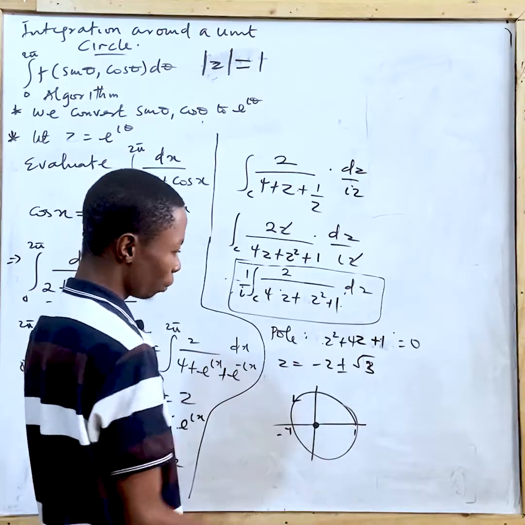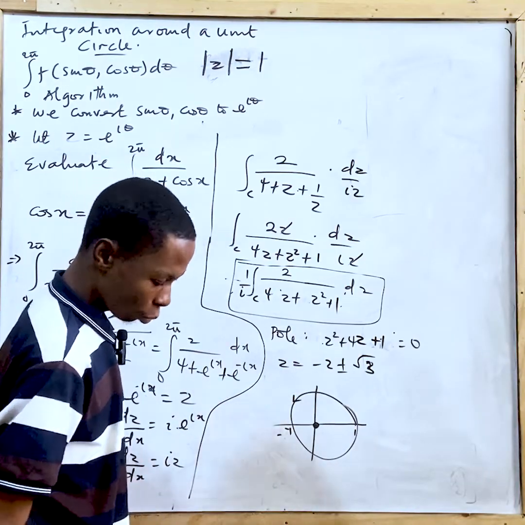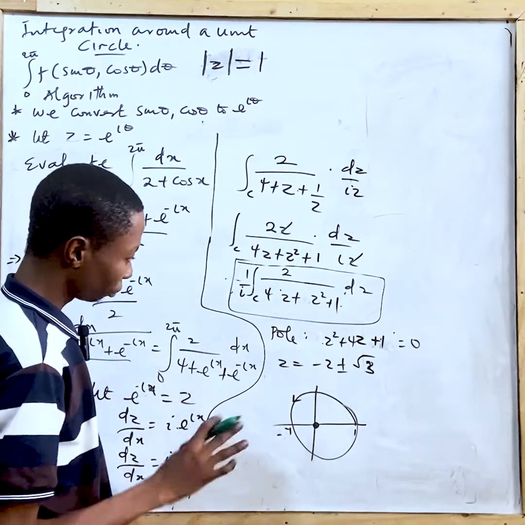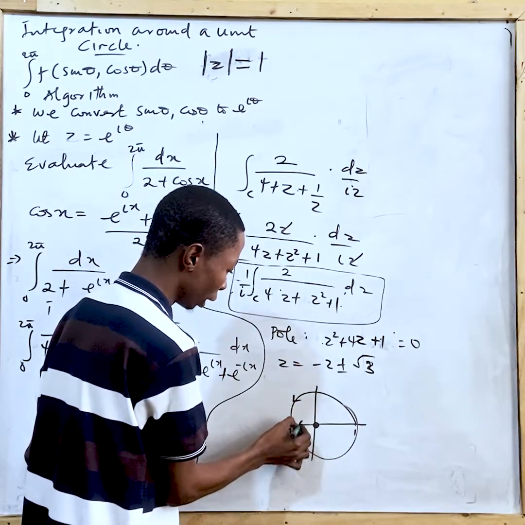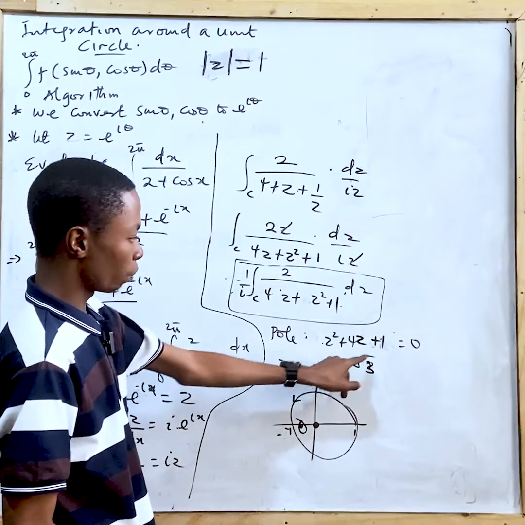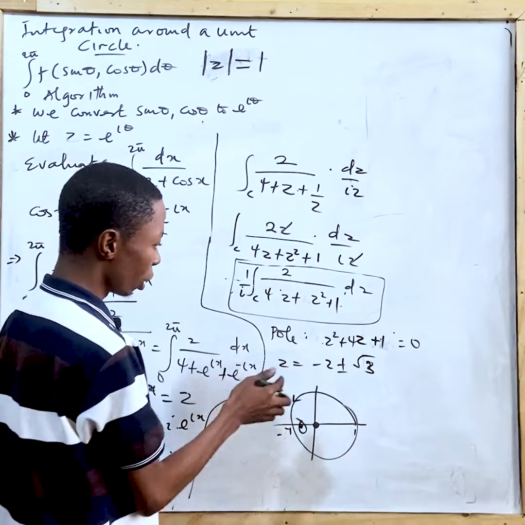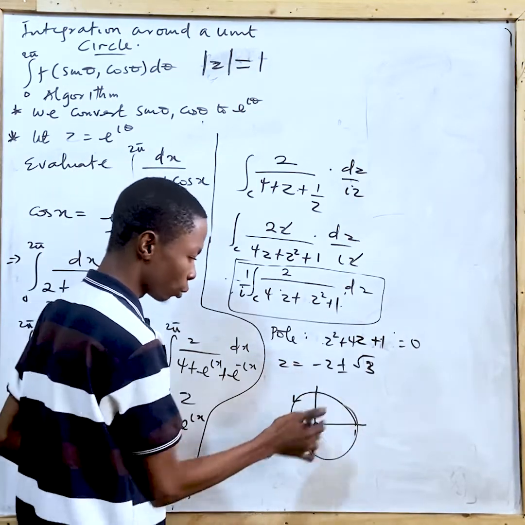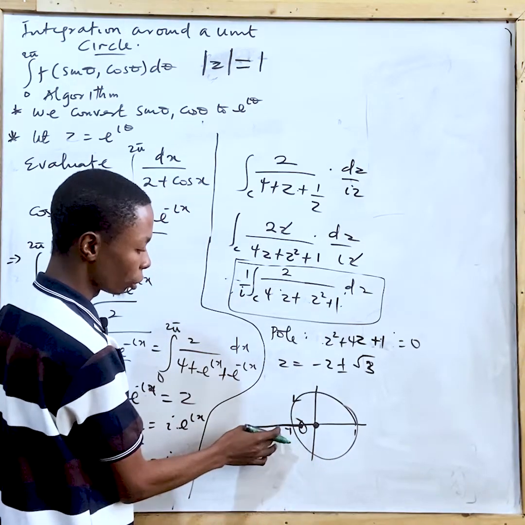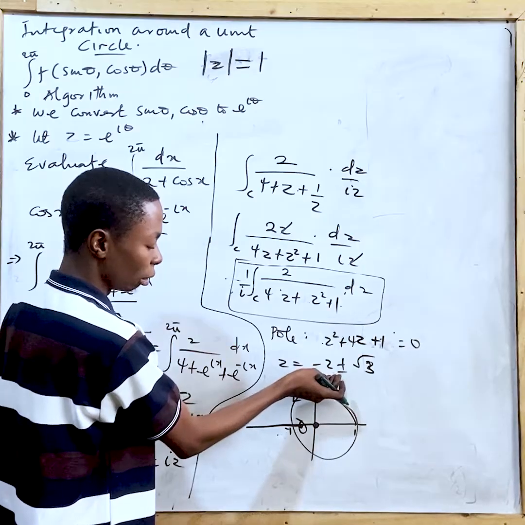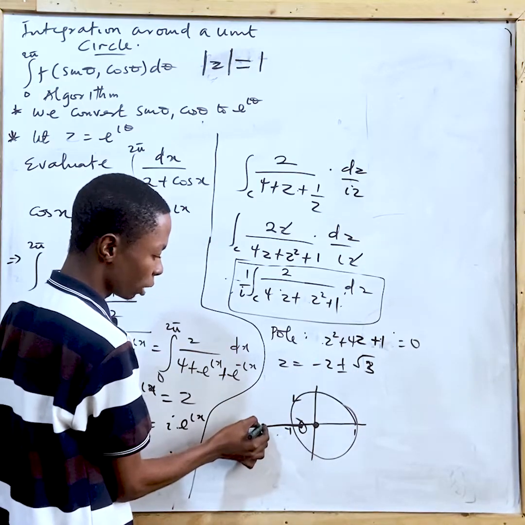So what is minus 2 plus root 3? That one is greater than minus 1, it will be around here. The other one, minus 2 minus root 3, is definitely less than minus 1, so let's put that one here.